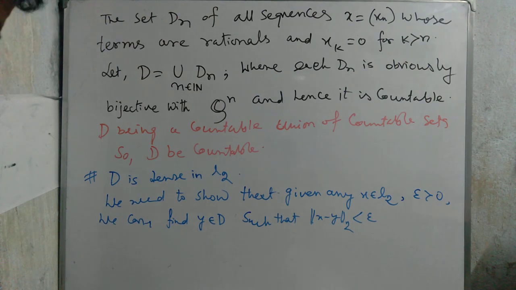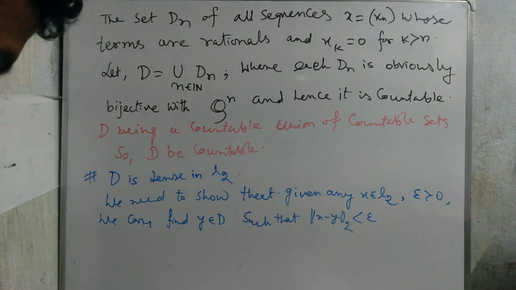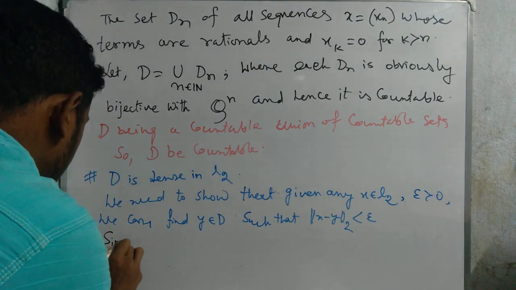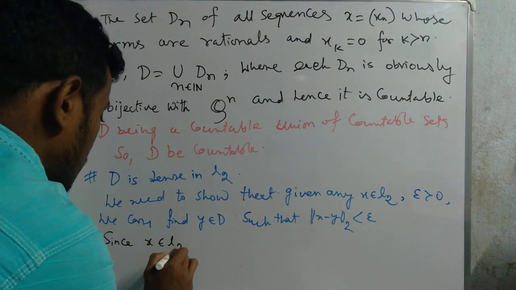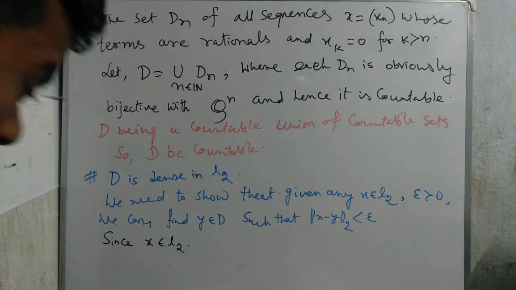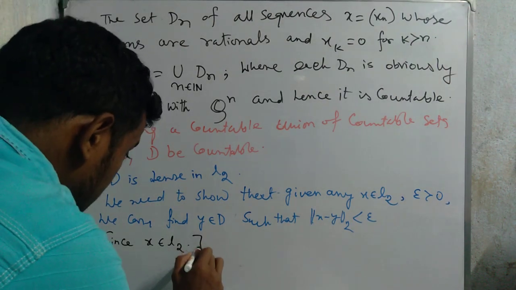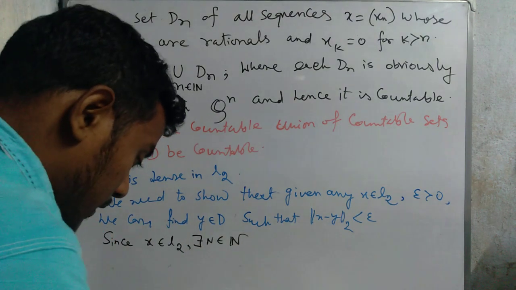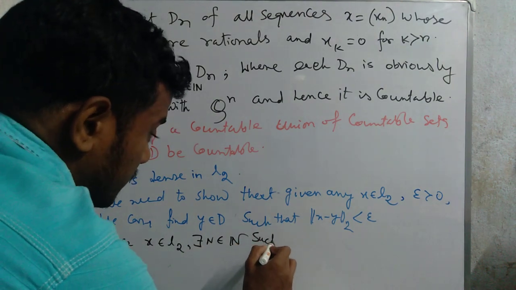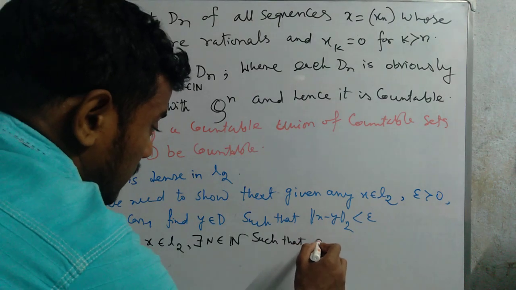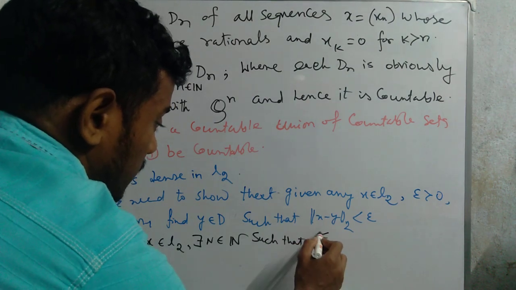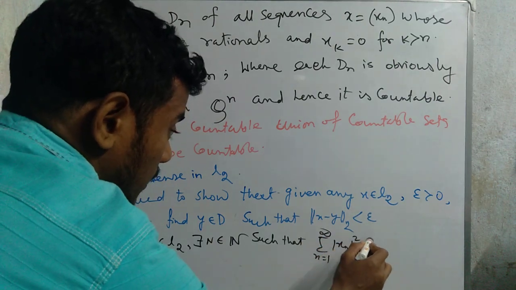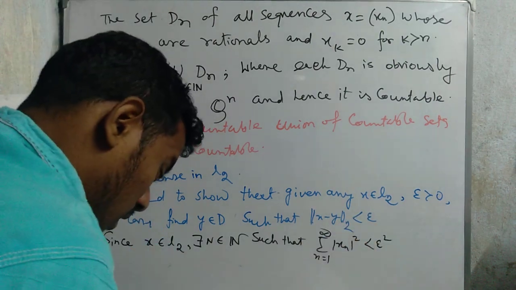Since x belongs to L2, there exists n belonging to the natural numbers such that the summation from n plus 1 to infinity of the modulus of xn squared is less than epsilon squared by 2.